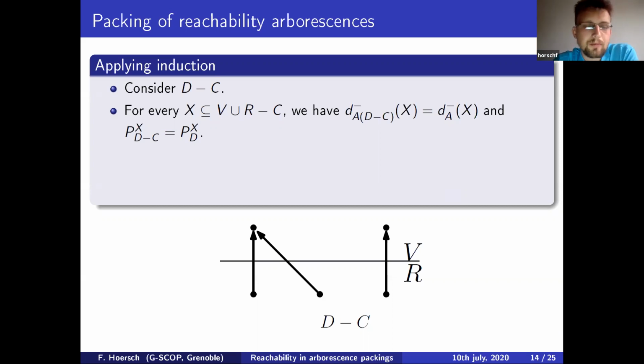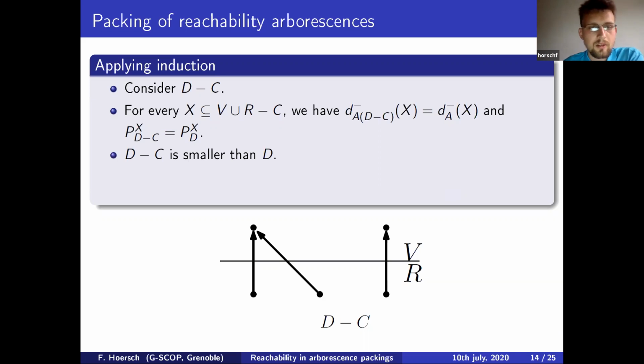And in the same way, I can also see that the set of vertices from which that set X is reachable is the same, no matter if C is in the graph or not, because C has no outgoing arcs. Okay, and so now I can apply induction.